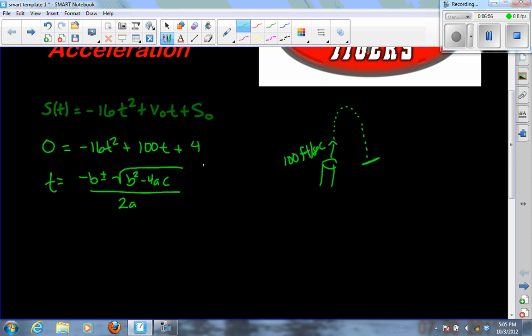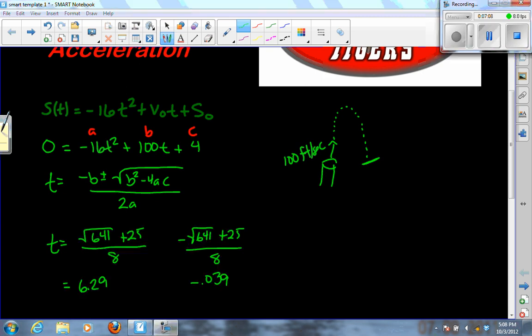I don't know if you remember that, but this is A, this is B, and this is C. If you execute the quadratic formula correctly on this one, you will get 6.29 seconds, or negative 0.039 seconds, which would be actually behind the t-shirt cannon, so we're going to ignore this one. You go with 6.29 seconds is how long it would take this t-shirt to come back to the ground.